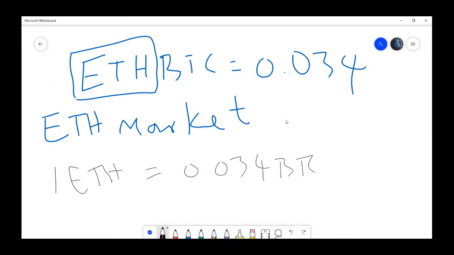All right. This is different from BTC markets that I explained. Don't forget the first crypto or the first currency is the base currency.